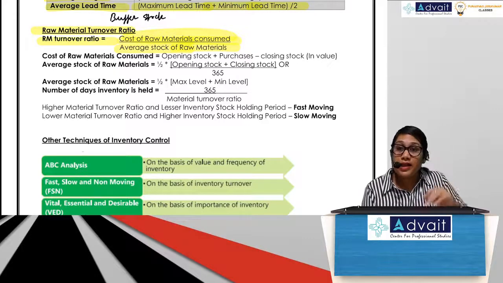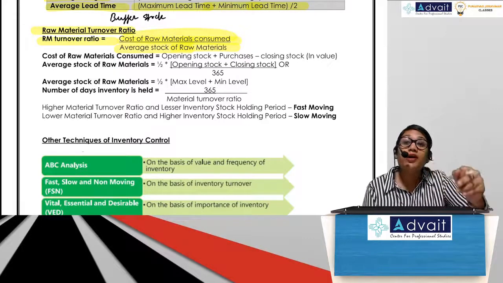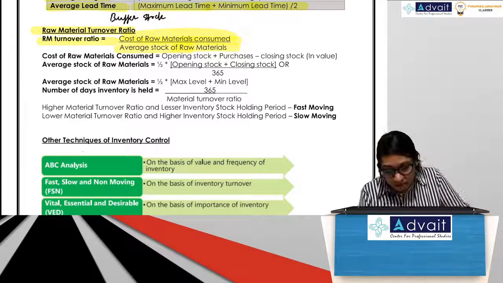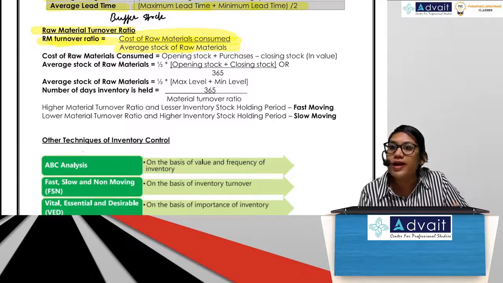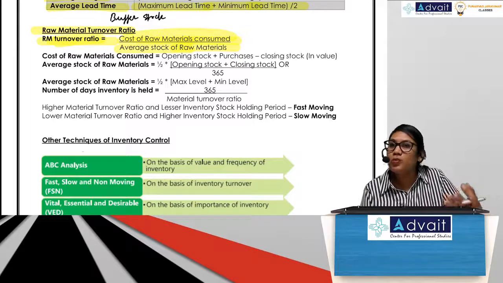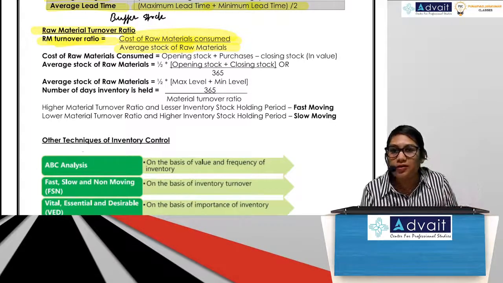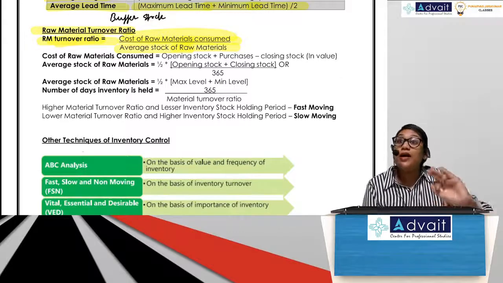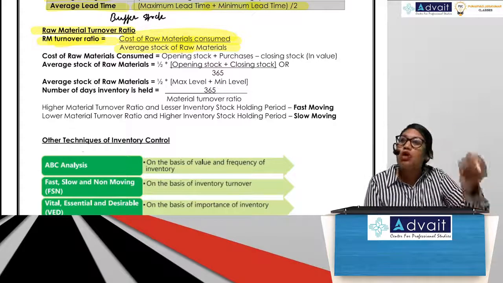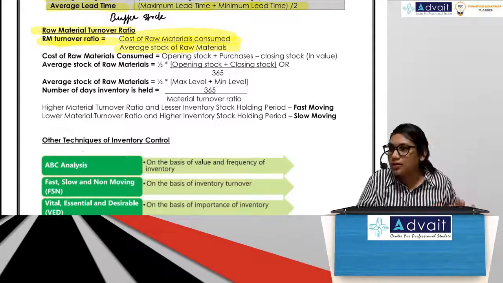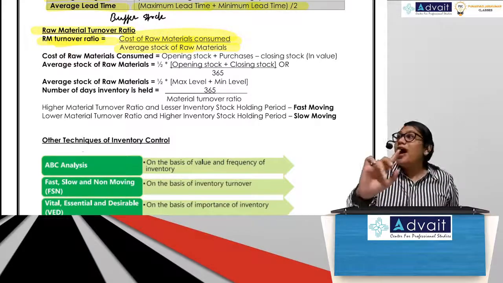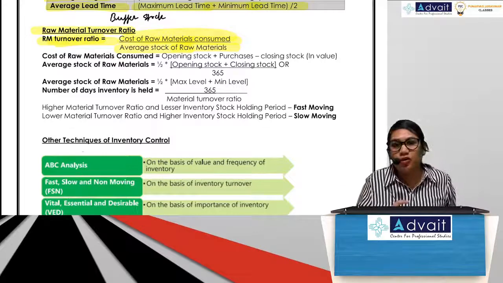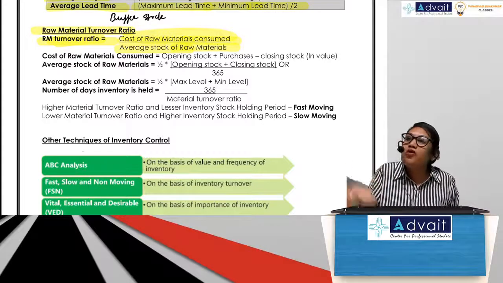If my raw material turnover ratio is a bigger number, what would that mean? It would mean that my numerator is bigger than my denominator, which means that my consumption of material is more than my stacking of material, which means the material will be fast moving. Higher the raw material turnover ratio, the faster moving the material will be.